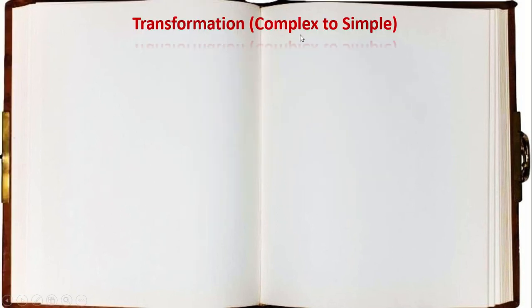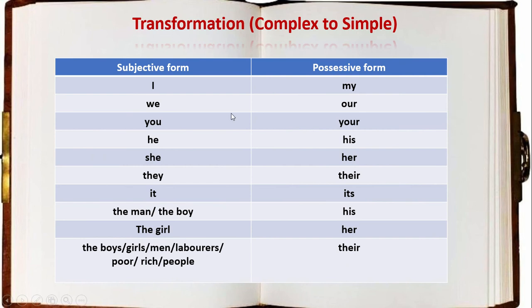To convert the complex sentence into simple, we will need the possessive pronoun. As you know, personal pronoun has three forms: subjective form, objective form and possessive form. I have given here a chart of possessive forms. Look, subjective form I, its possessive is my.